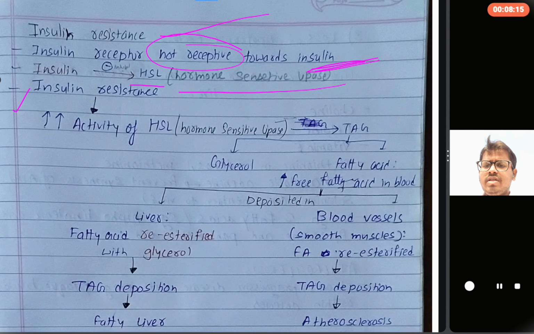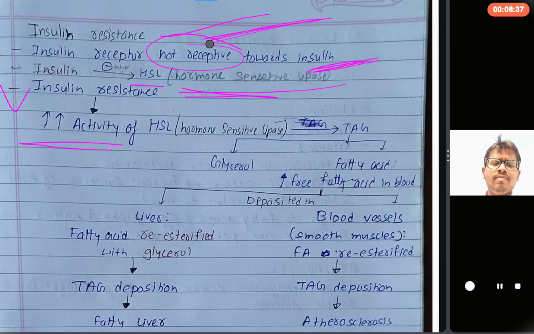If there is insulin, it inhibits hormone sensitive lipase and we have no problem. But in this patient the receptor is not receptive, so with insulin resistance there is increased activity of hormone sensitive lipase.